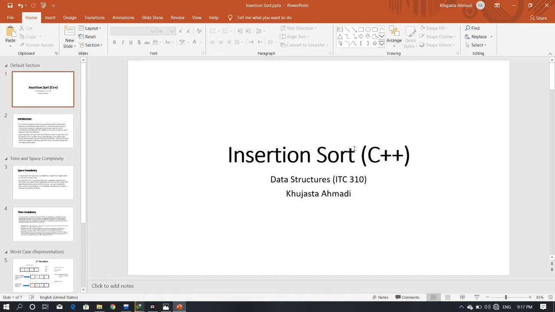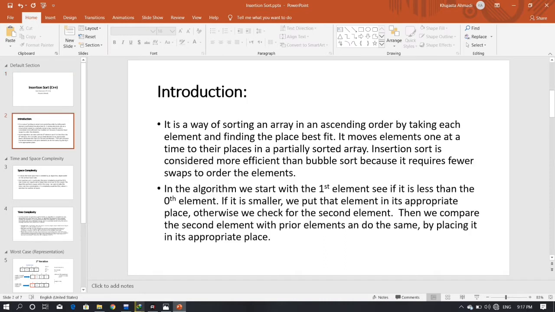So before we begin to talk about how this algorithm works, I would like to talk about what this algorithm does. It is basically a way of sorting an array in ascending order by taking each element and finding the place where it best fits.